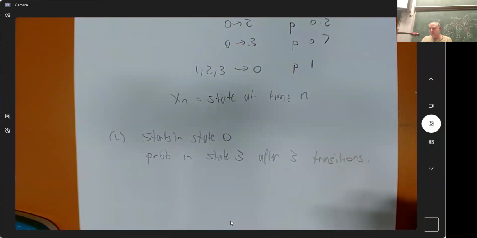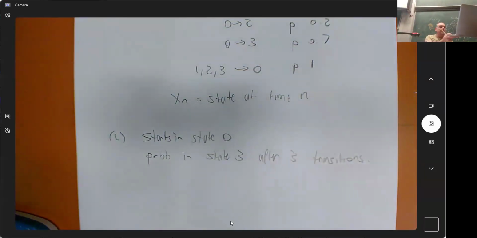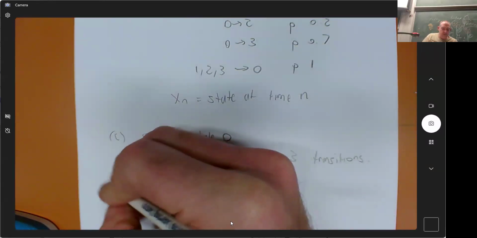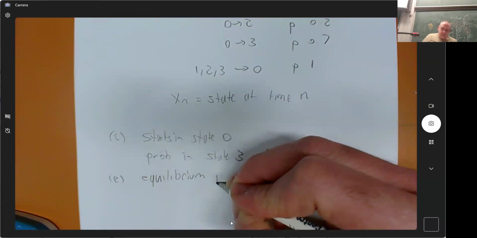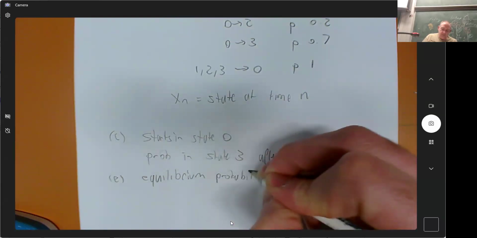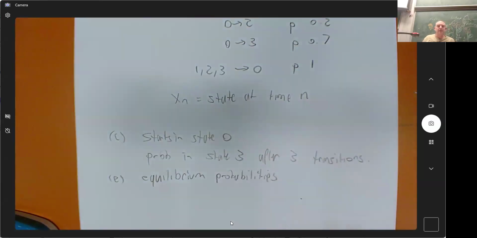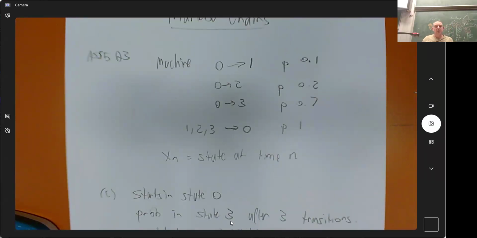Do not answer by multiplying the transition matrix, which seems like a bit of a waste of time to ask you what the transition matrix was, but whatever. And then it's got equilibrium probabilities, which wouldn't be the worst thing. Okay, that's the story.